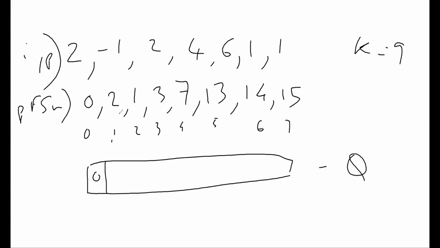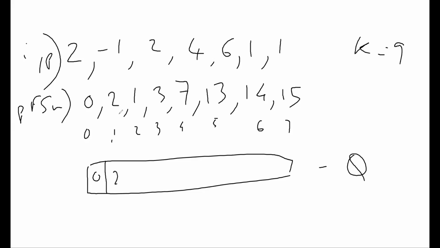Now I'm at index 1, so I look at the value at that position. I want to keep a monotonic queue in increasing order. If I have 2, I just put in 2 because 2 is greater than 0.